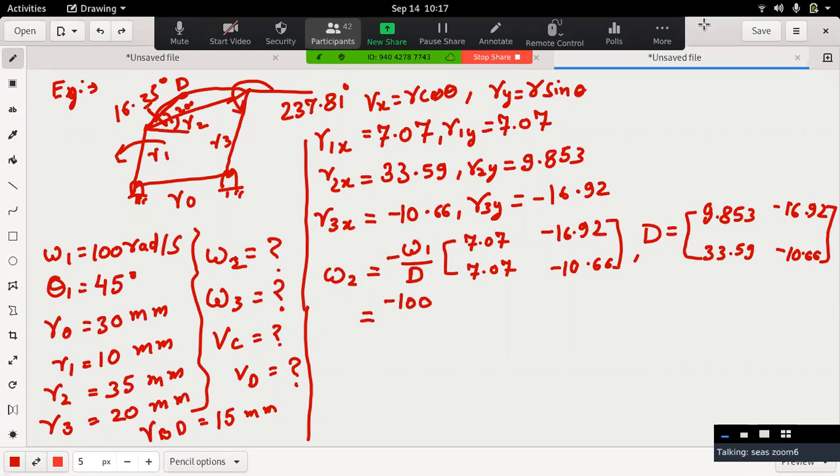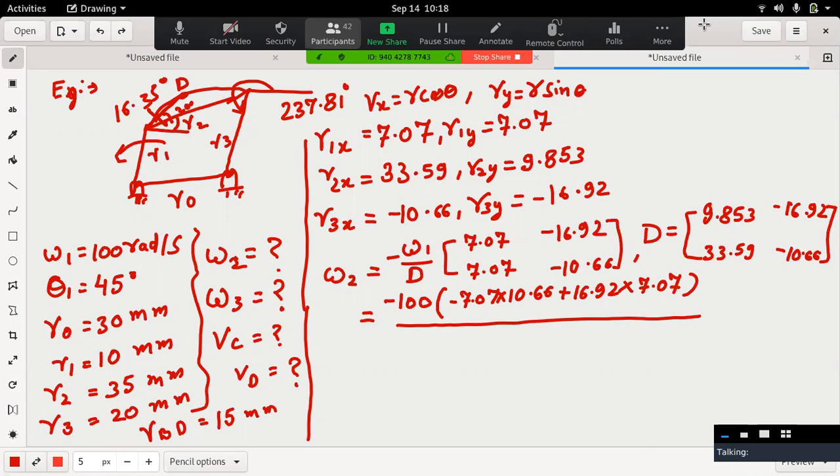The direction is also given. We are considering counterclockwise as positive, so it becomes minus 100, and minus 7.07 cross 10.66 plus 16.92 cross 7.07, divided by d.